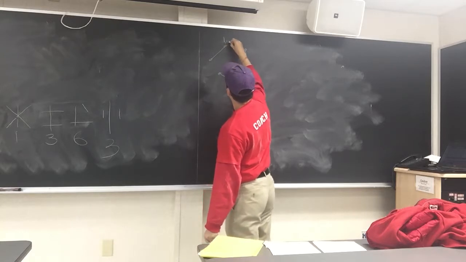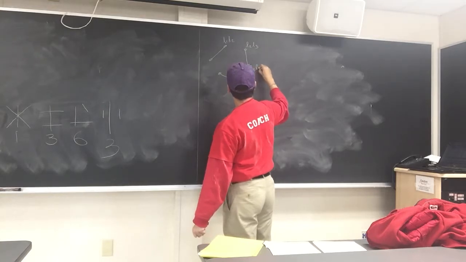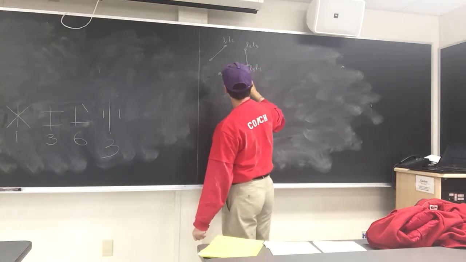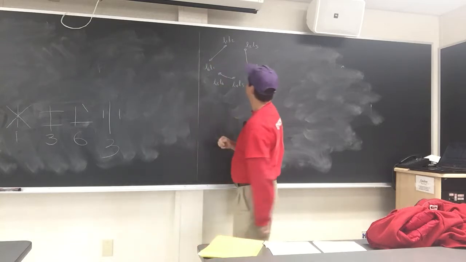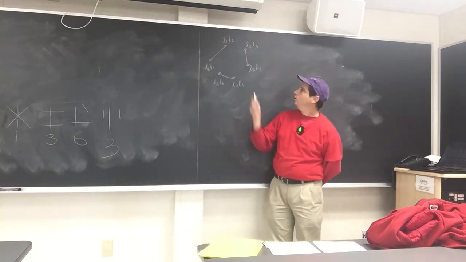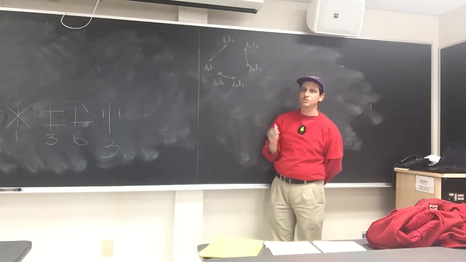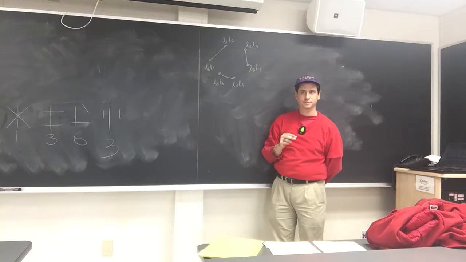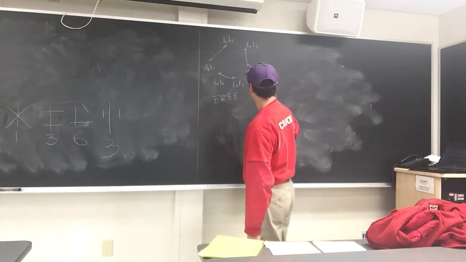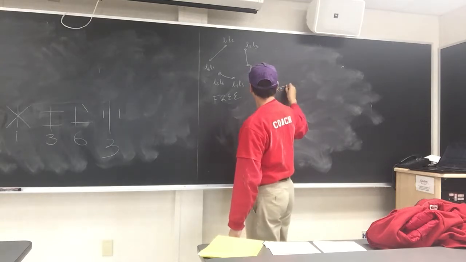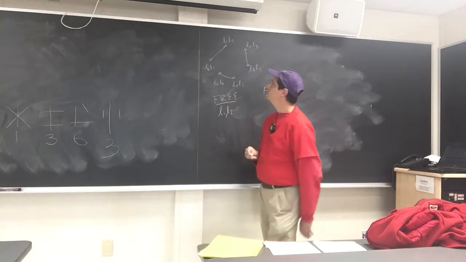So let's say we have this configuration. Here we have L1, L2, L2, L3, L3, L4, L4, L5, L5, L6, L6, L1. When we look at this, L1 and L2 are free. What must be true about L6?